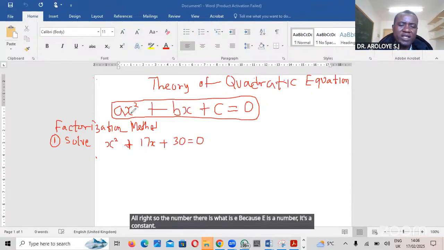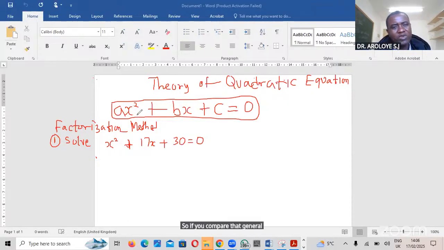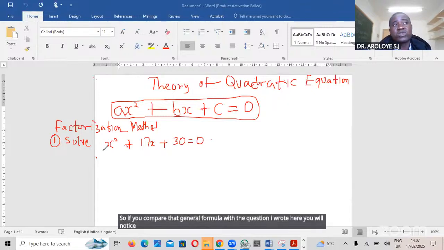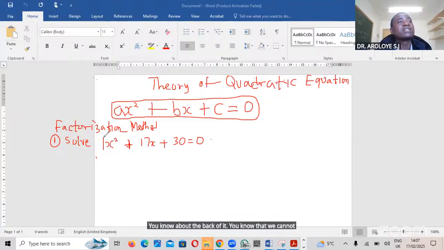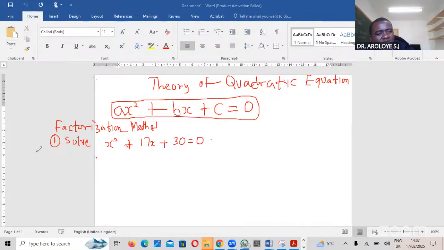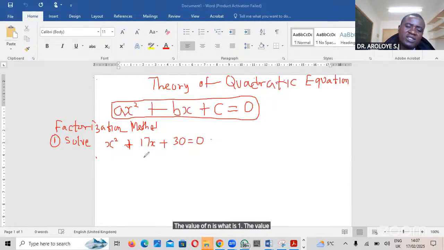So if you compare that general formula with the question I wrote here, you will notice that a is equal to 1. The value of b is 17, and the value of c is 30.